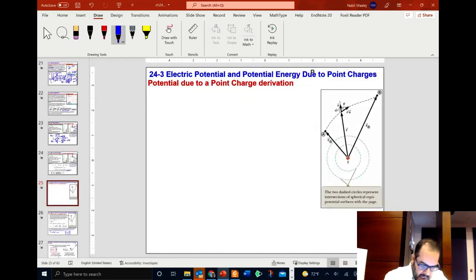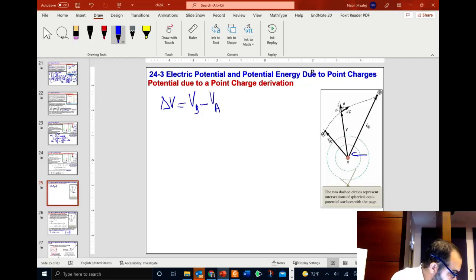Okay, now we want to determine the potential at a distance r due to a point charge. In order to do that, we want to determine delta V. So let's assume we have a charge Q here, and a test charge that moves from A to B. So we want V_B minus V_A.